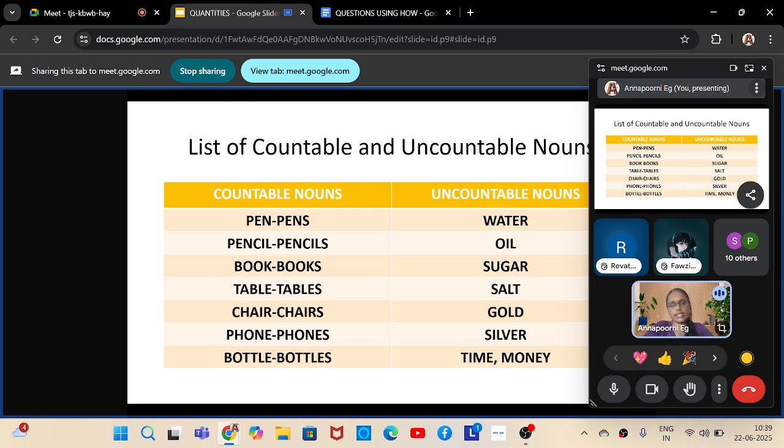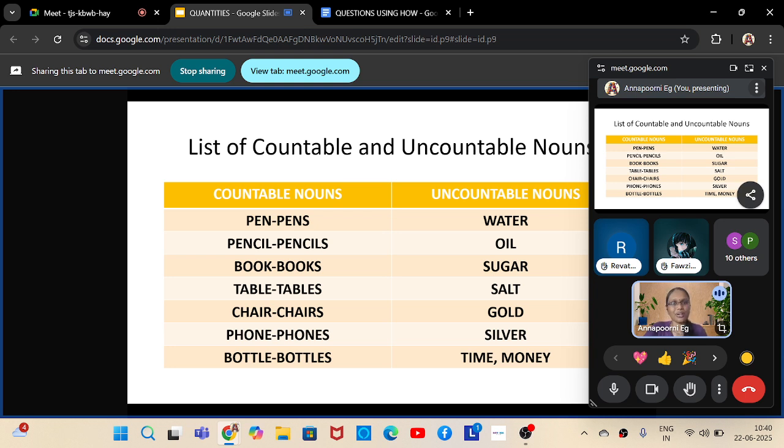So understand one thing, only countable nouns can be written as singular and plural. Uncountable nouns cannot be written as singular and plural. There is only one form for uncountable nouns, that is neither singular nor plural.